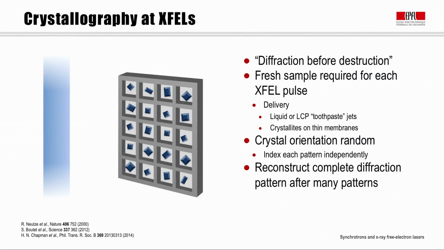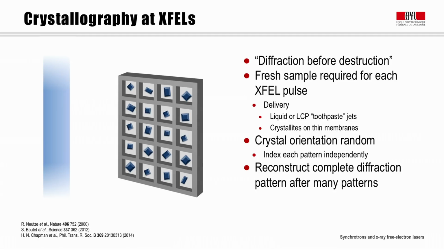This concept of diffraction before destruction led to the method of serial femtosecond crystallography, in which successive diffraction images of freshly delivered and randomly oriented crystals are recorded. The delivery method may be through some sort of liquid jet, as just shown here, or an aerosol, or on a fixed membrane system.